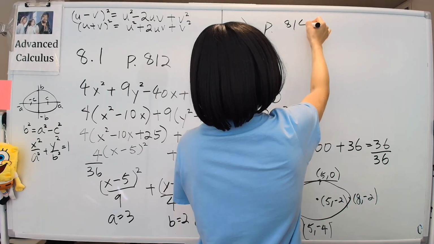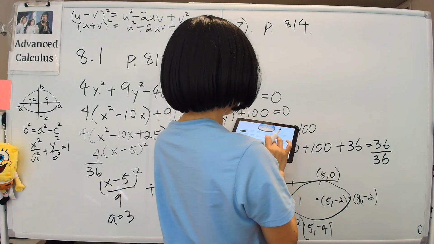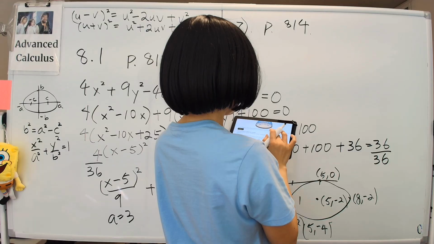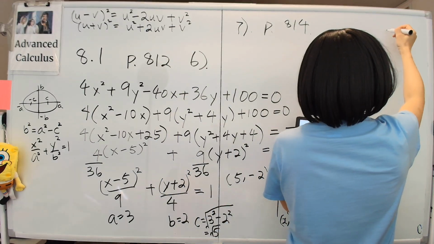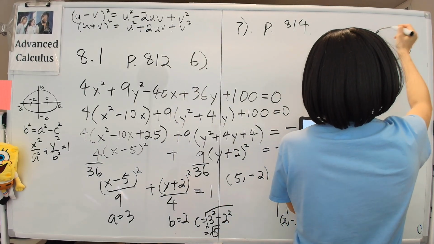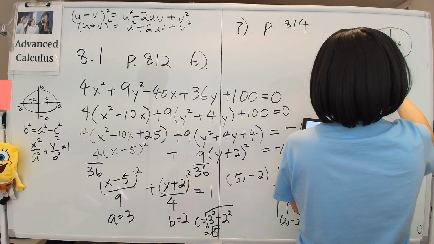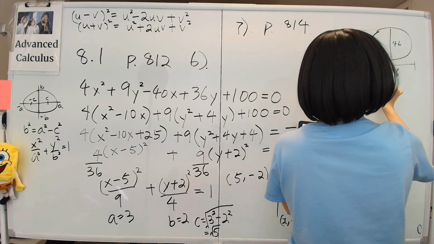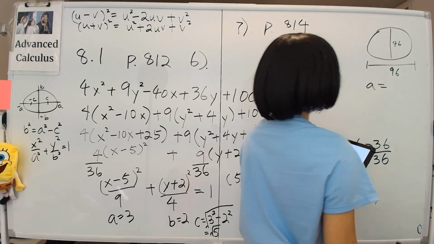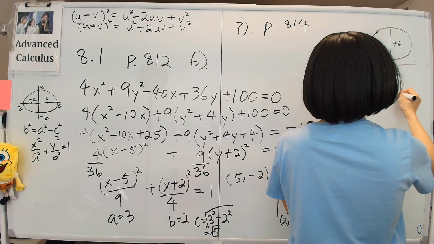814. So we're given the dimensions of the room as 46 feet wide, 96 feet long. All right. So our ellipse, draw that thing. This is 46 total, and the long side is 96. That means we'll let A equal half of 96, that's 48.